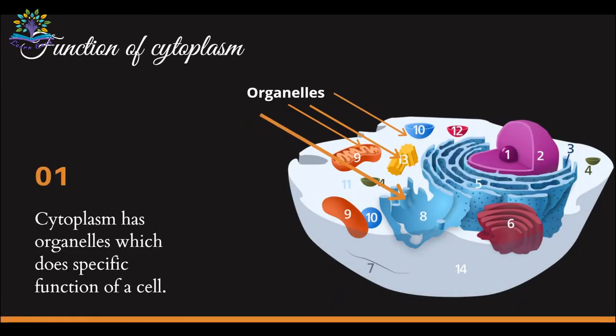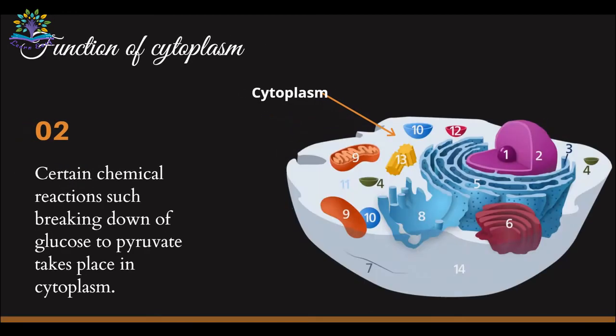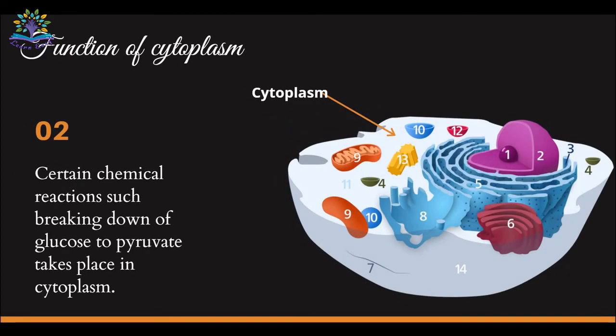Cytoplasm has organelles which do specific functions of a cell. We will learn about organelles in our next video. Some chemical reactions take place in cytoplasm, such as breaking down of glucose to smaller molecules known as pyruvate. This is the first step in cellular respiration.